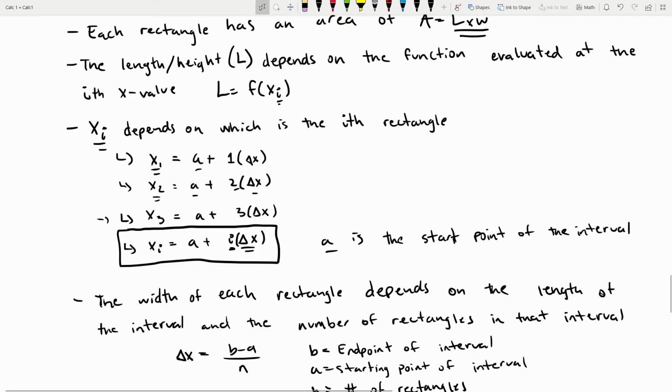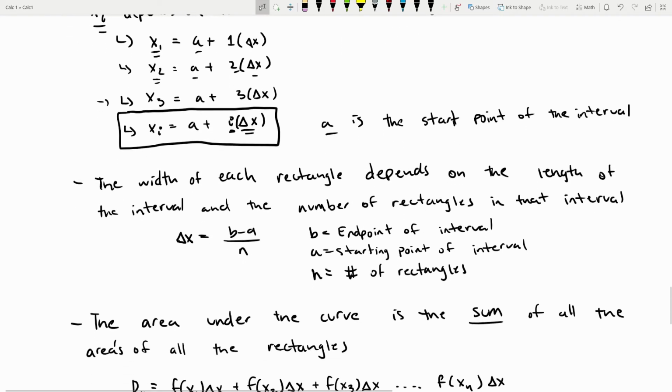So now that we know what L is, the length or the height, right? Now we need to figure out what is the width of each rectangle. And the width of each rectangle depends on the length of the interval and the number of rectangles in that interval. Like I said, let's say we have a length of this, right? This is our entire interval. If we want to fit 2 rectangles in here, well, we can split this in half, and each rectangle will have that width.